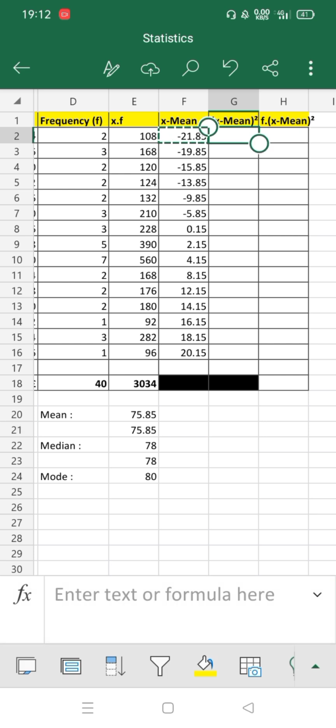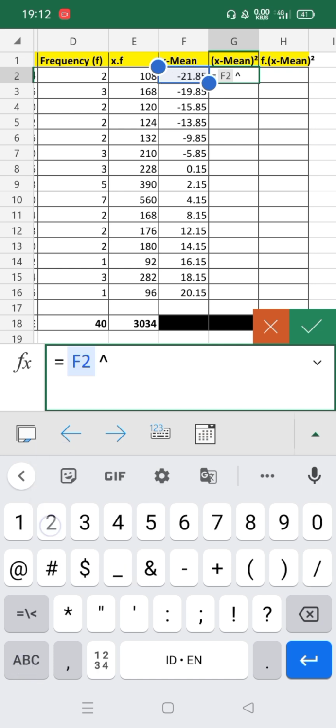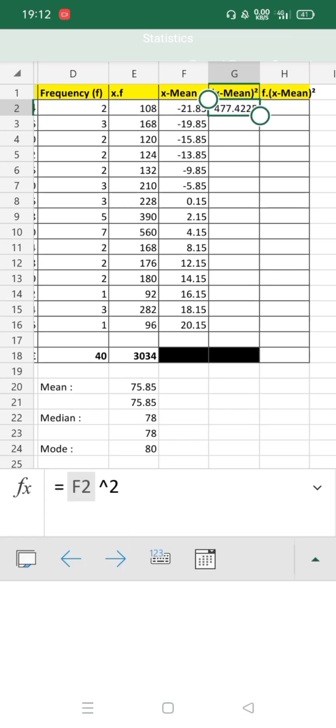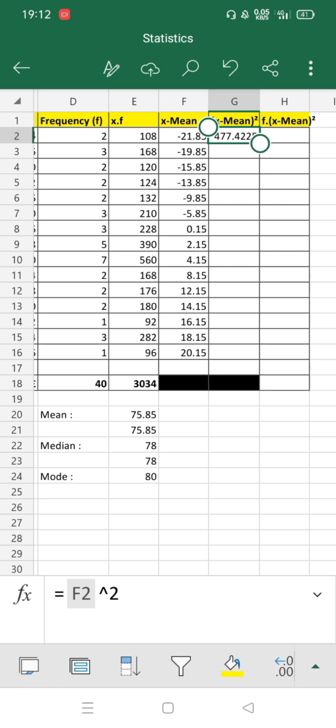And for x minus mean square, you just insert this, this, and this, because it equals times 2, square, x minus mean square, click, and yeah, you got 47.42, 4,225.